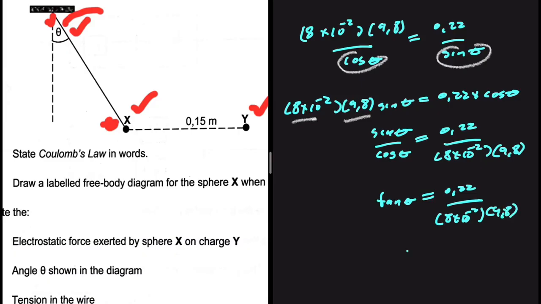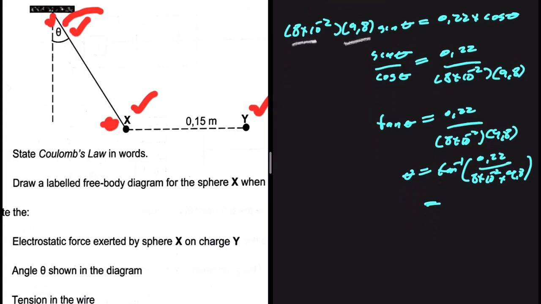Now I just need to say theta is equal to arctan of 0.22 divided by 8 times 10 to the minus 2 multiplied by 9.8. If you put that in your calculator, you should get theta equal to 15.4 degrees. That is 7.1.4.